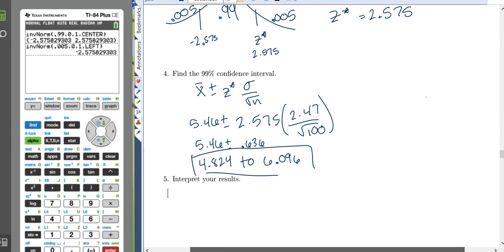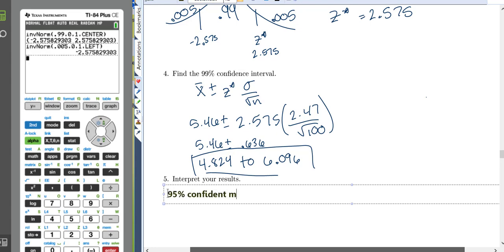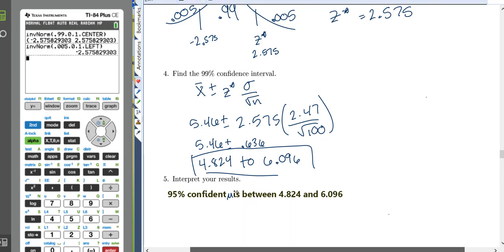To interpret it, that means we're 95% confident mu is between 4.824 and 6.096. So 95% confident mu is between those two numbers. That's kind of our cut and dried version.